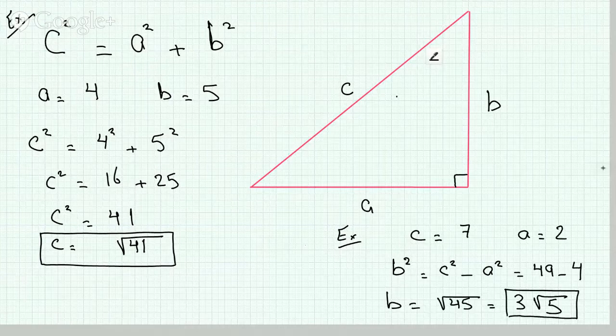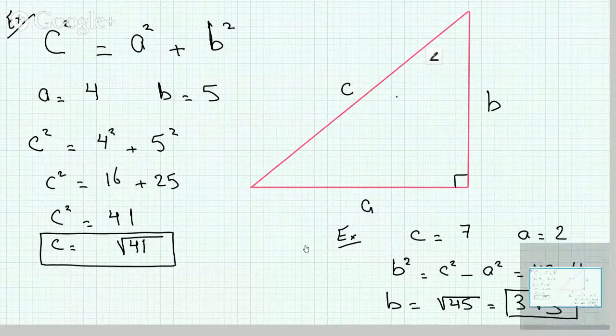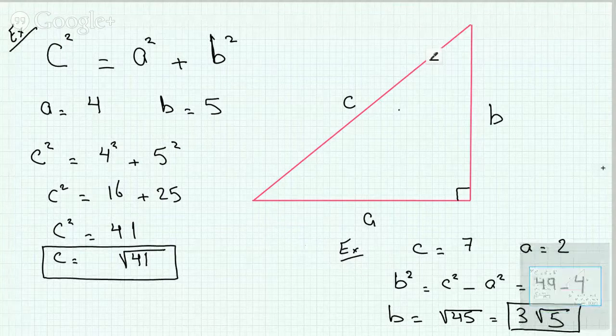So this theorem is very powerful in the sense that anytime you know two sides in a triangle, it would enable you to find the other side. Now, I will be discussing in other videos later on trigonometry, how this is related to angles, and how you don't really need two sides sometimes.